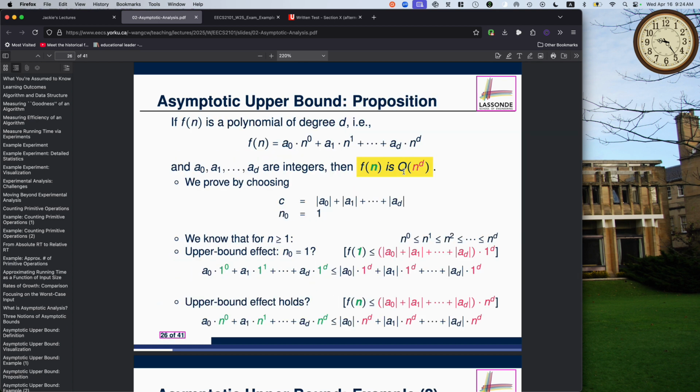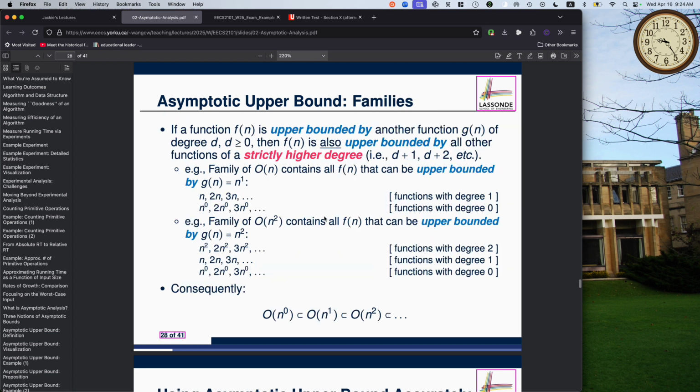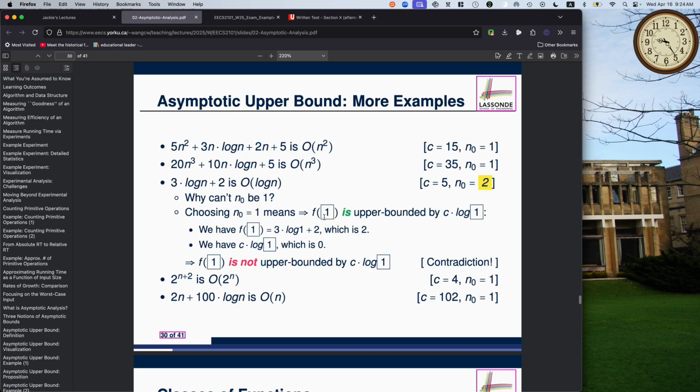By the way, that's the little proof I mentioned earlier. Whenever you have polynomials only, you can just add up the constants, and that will be the C and n0 you choose. Then if we look a little further, for example here, this will be the example you can review. This one involves log. If you simply choose C to be 5, as we showed in class, you can look at the argument on the slides.